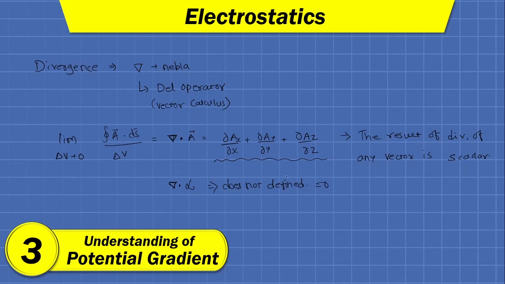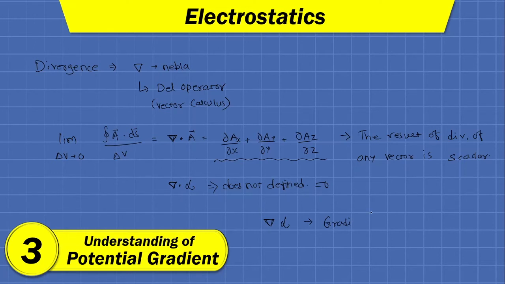So in the same way we are going to study another important vector operation, which is gradient. See here, if the del operator is applied to any particular scalar, say alpha, then it is called gradient.